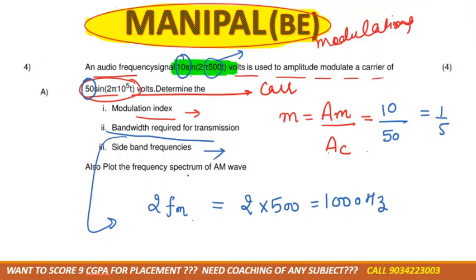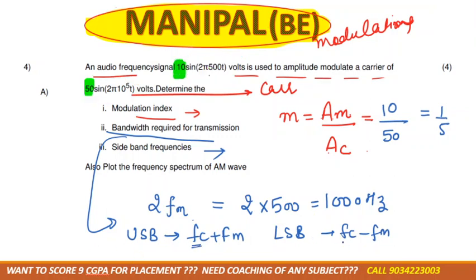Now they are asking the sideband frequencies. Sideband frequencies means USB and LSB. USB stands for upper sideband, that is Fc plus Fm, and LSB stands for lower sideband, that is Fc minus Fm. Now you tell me this value. Fc, the carrier frequency, is 10 raised to power 5 and the modulating frequency is 500 hertz.